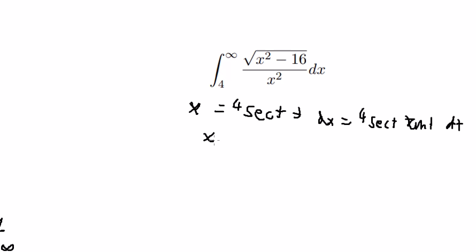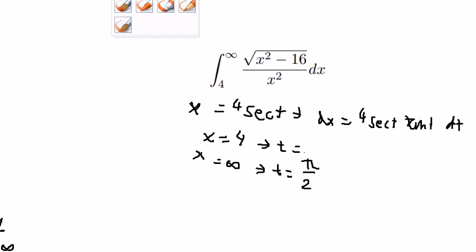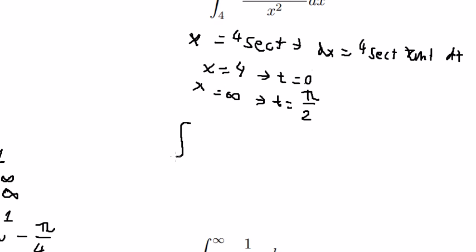If s equal to number 4, so t should be about number 0. If s equal to positive infinity, so t should be about pi over 2. So we change the bounds in here.